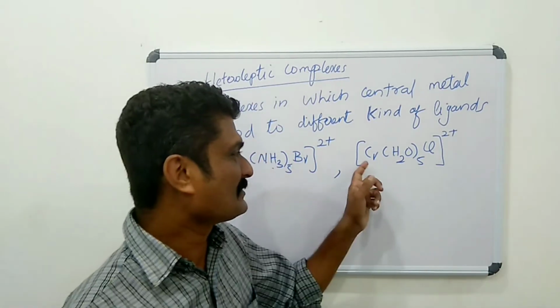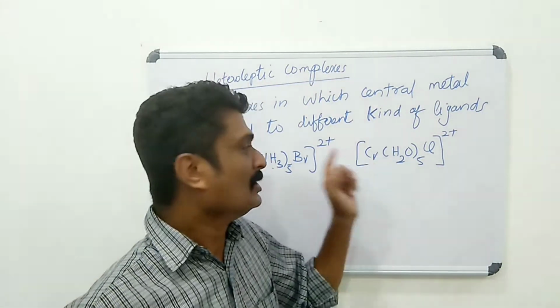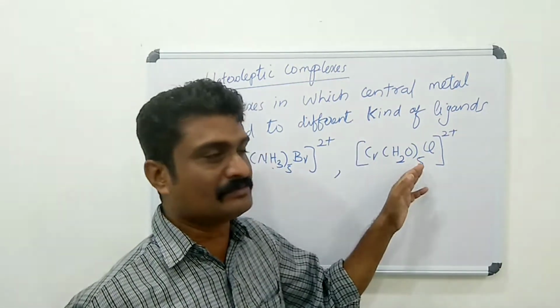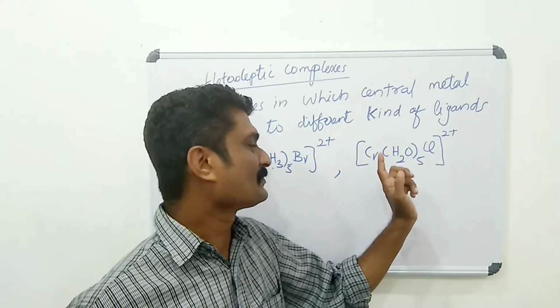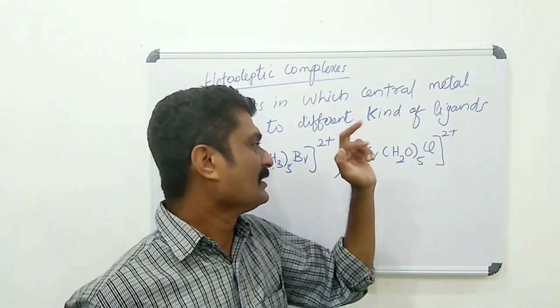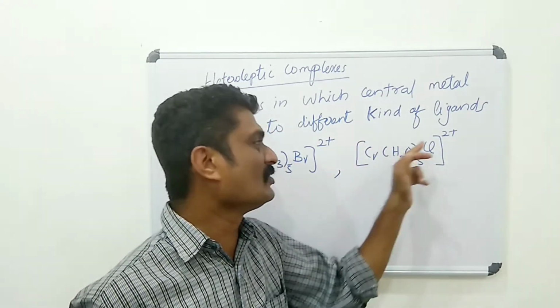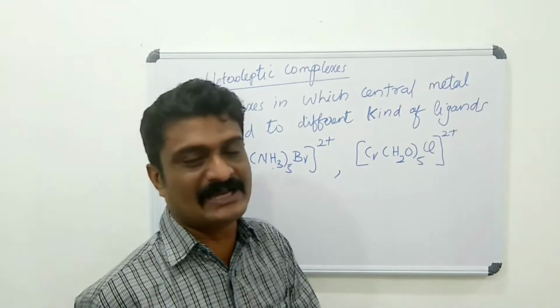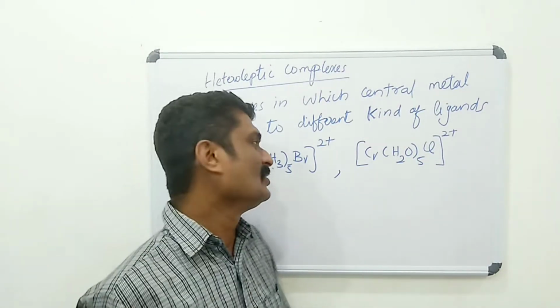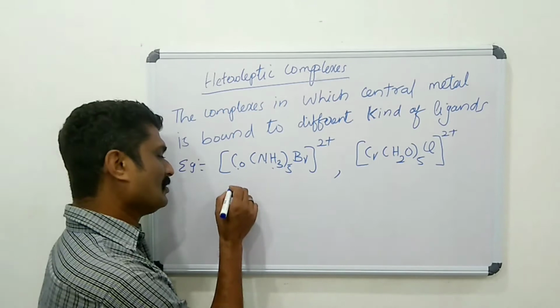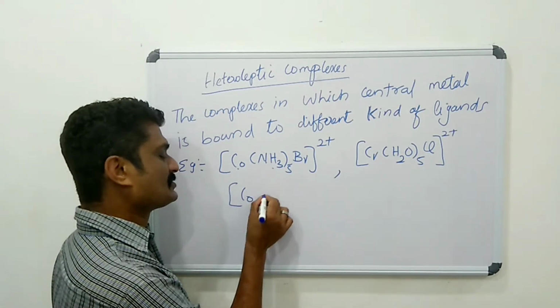Here the central metal chromium is bound to different kinds of ligands, that is H2O and Cl-. Okay, we can consider one more example.